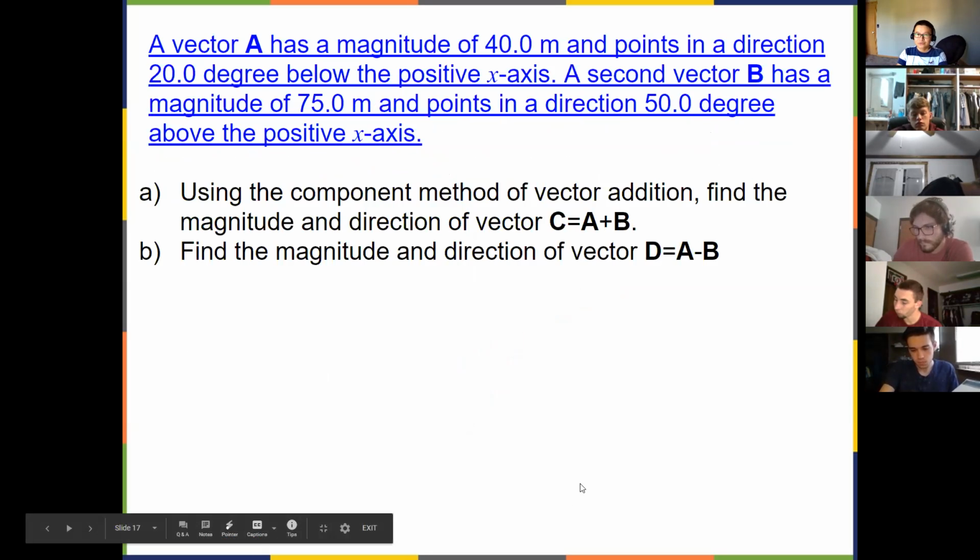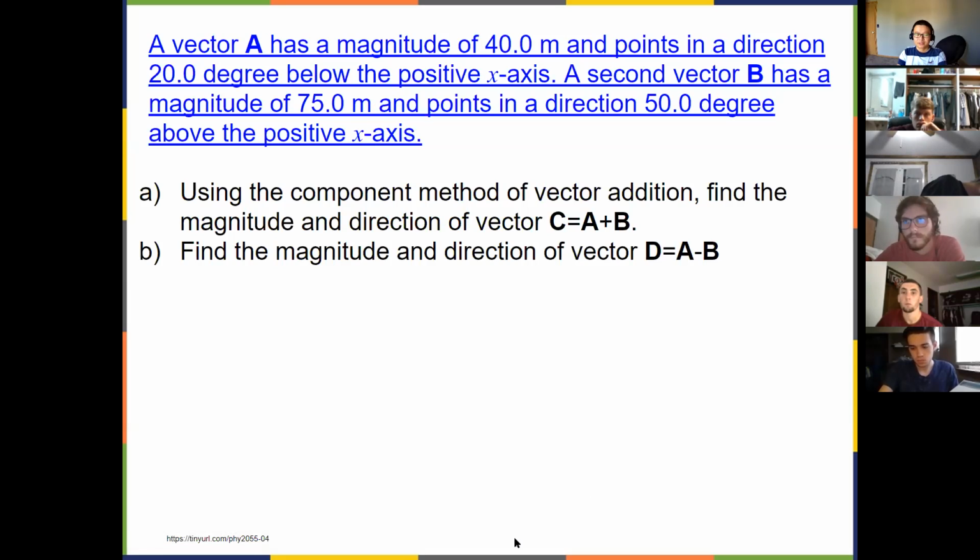So I'm going to stop sharing the screen for right now, but you can pull up the PowerPoint slide on your end, okay? It's the tiny URL at the bottom here, tinyurl.com/PHY2055-04. If you haven't pulled up the PowerPoint slide, you can do it now, because I'm going to stop sharing the screen.